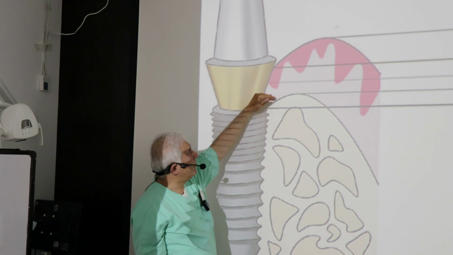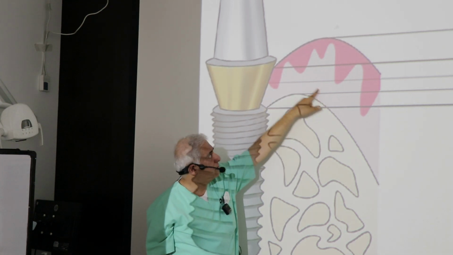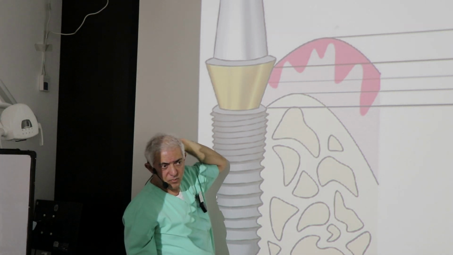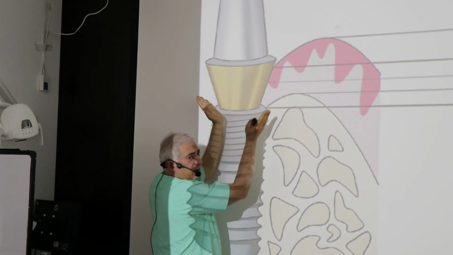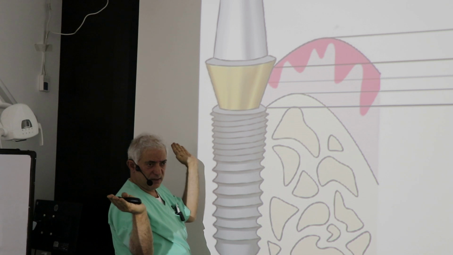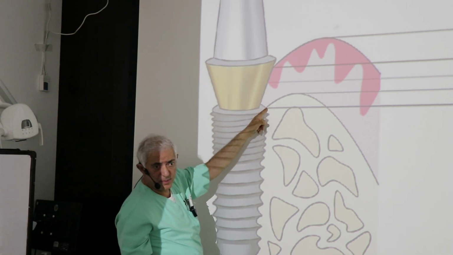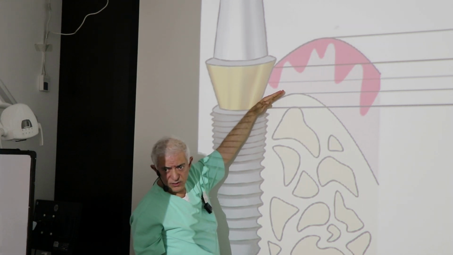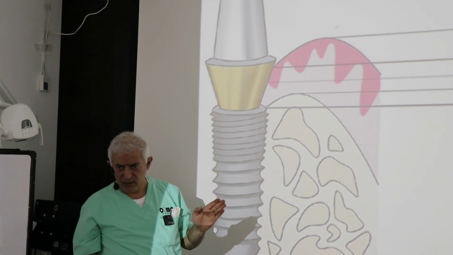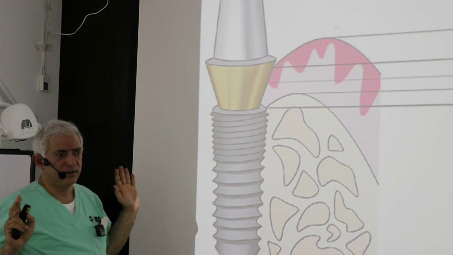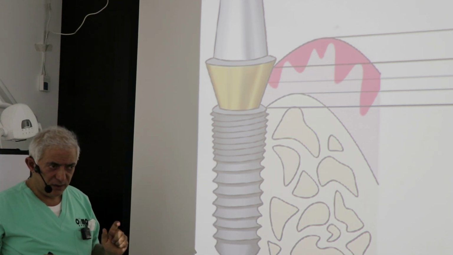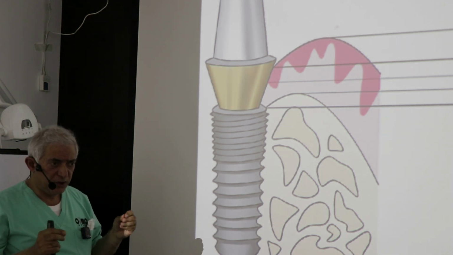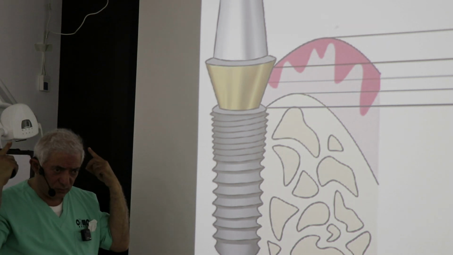So the first 1.5 millimeter is connective tissue. This connective tissue should not be disturbed. You should not invade, you should not make it convex. If you can make it concave, even better. You should try to be straight, not divergent. And you should never, ever glaze.